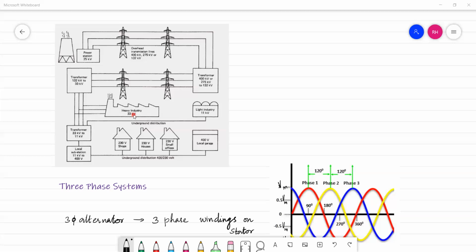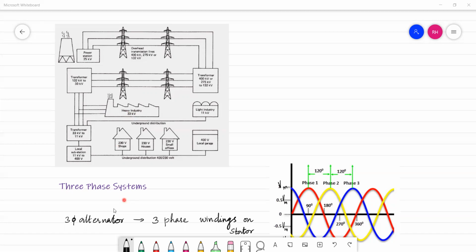We don't require a special starting strategy, unlike what you have to do in a single-phase induction motor. And three-phase machines have a better power factor and efficiency, the capacity of the machine is higher, and the size is considerably reduced, and hence it is more and more economical to go for a three-phase system.